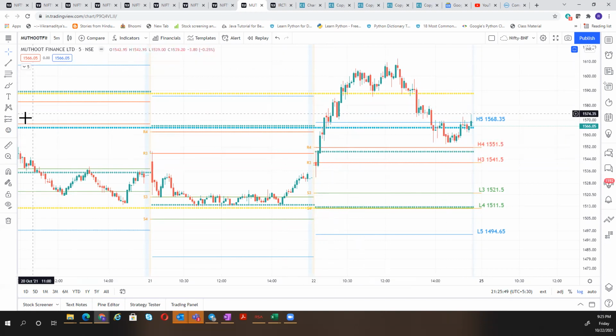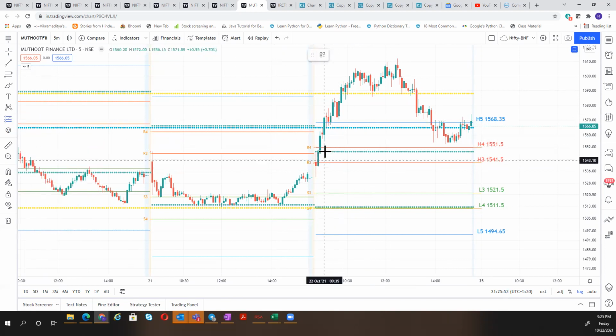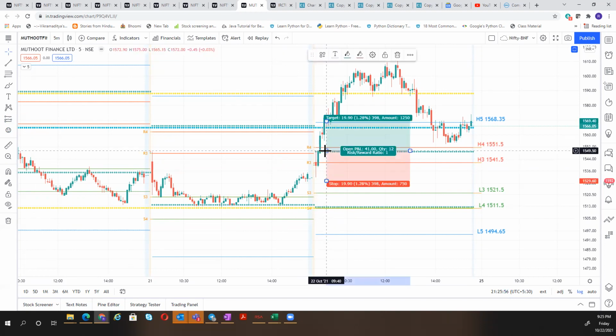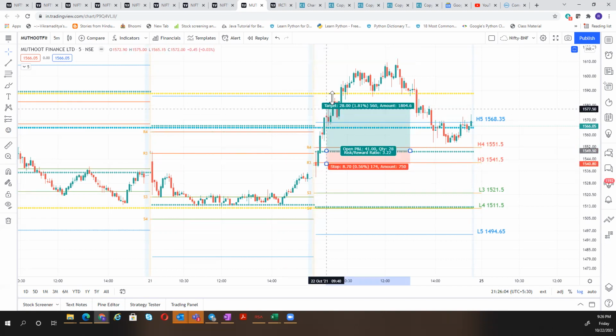But if you go here, what would be your long? Assume you're entering at the previous day high, keeping the stop loss a few points below R3. This is 1:6. If you go to the high, it is 1:7 risk to reward.